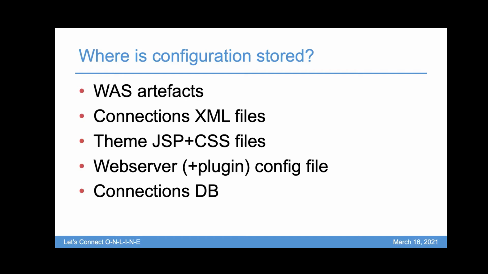So it's not enough to work with the XML files; sometimes you also have to change the JSP files or CSS styles to achieve the desired result. Some of the configuration is also in the web server itself, also called the web server plugin, or in a little piece in the Connections database. So there are many places you have to touch with every installation.